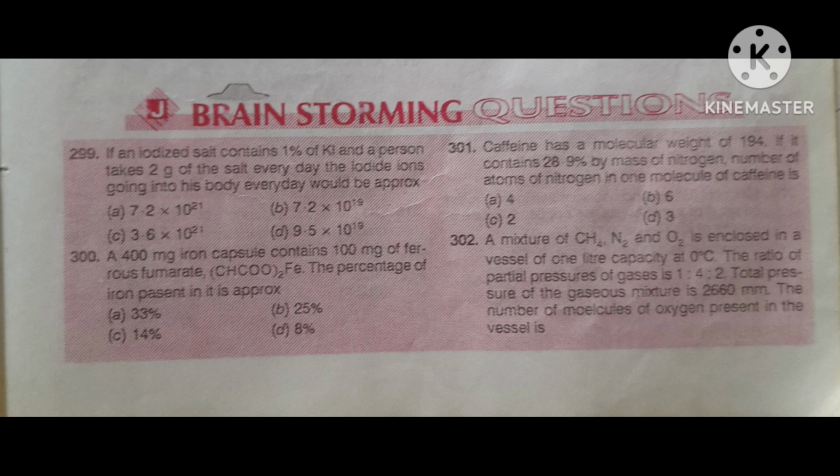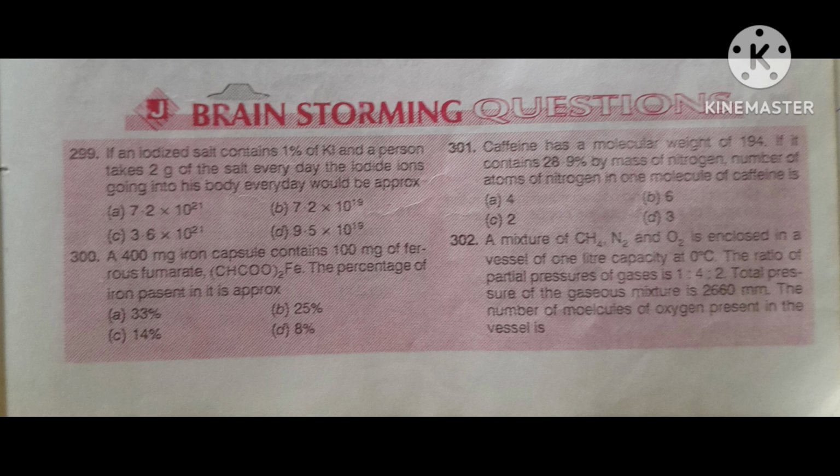Now this molecular weight you calculated is 170. In 170 gram of ferrous fumarate, 56 gram iron is there. Correct?